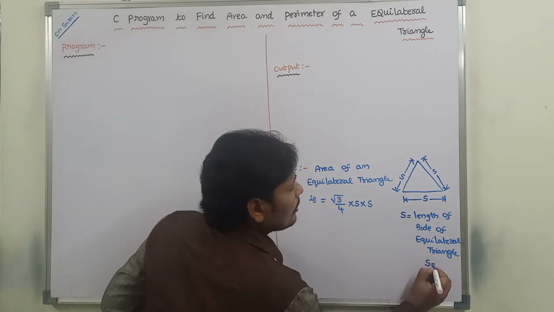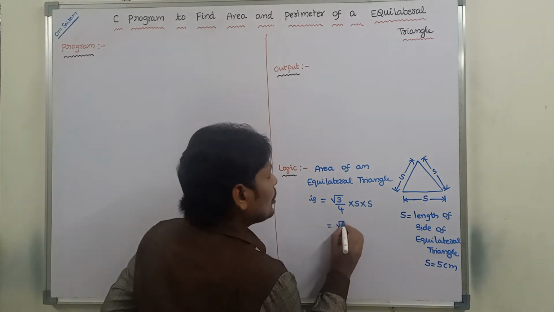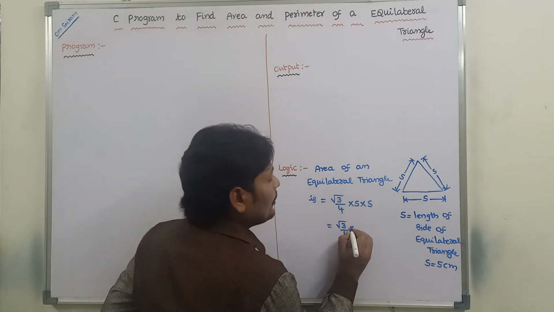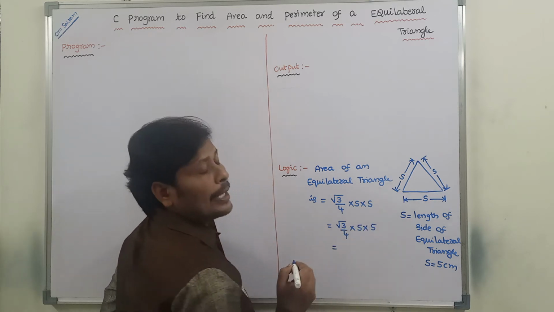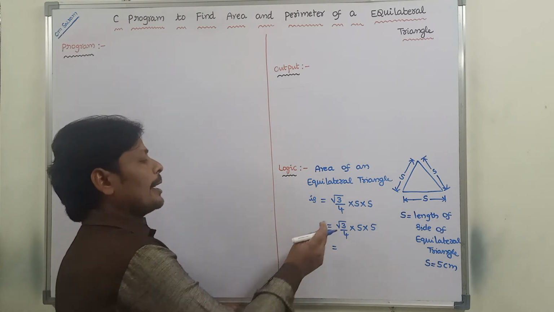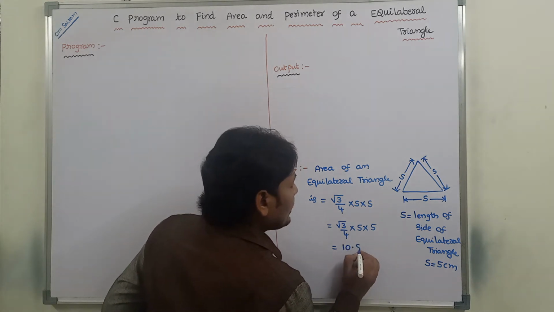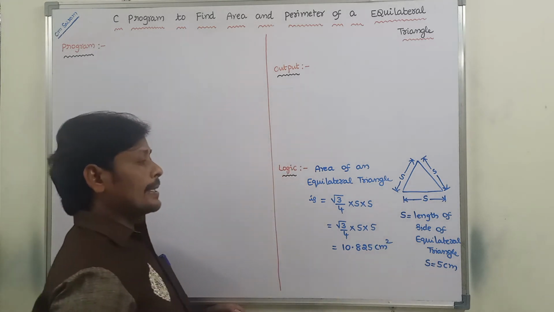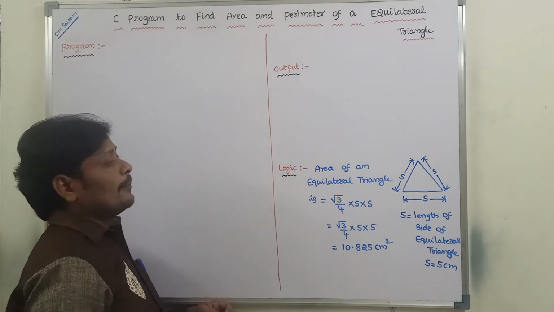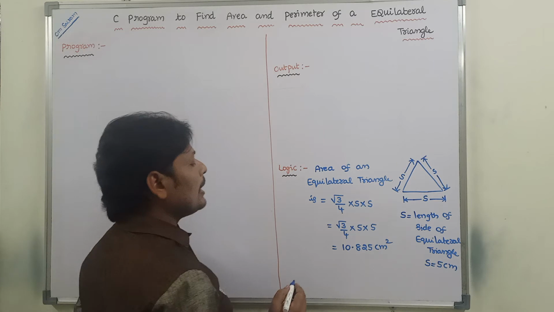Suppose S is equal to 5 centimeters. Then what is the area? Root 3 by 4 into 5 into 5. Here the root 3 value is 1.732, divided by 4 into 5 into 5. So we get approximately 10.825 centimeter square. This is the formula we have to use to find the area of an equilateral triangle.